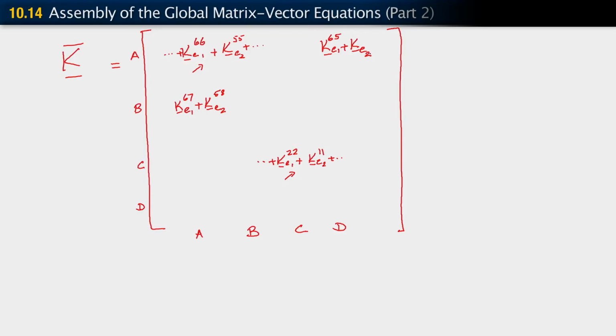And from E2 it would be, I'm sorry, I can't read my own handwriting here. It will be 6-3. Really sorry. 6-3 from E1, and from E2 it would be 5-4. Let me double check that. Of course there will be other contributions from other neighboring elements that share the same nodes. So this is our global K-bar matrix.